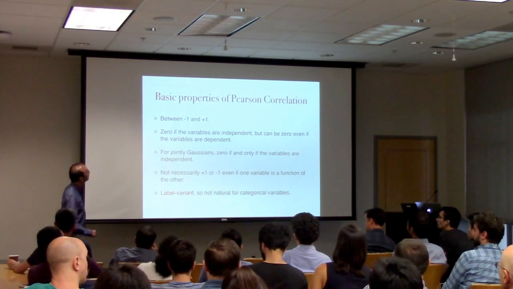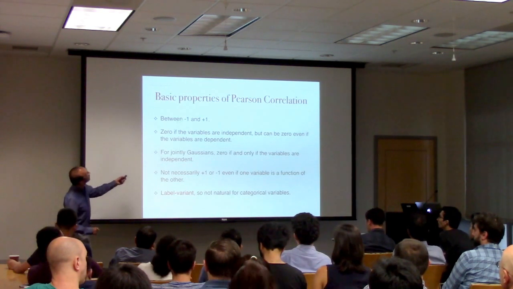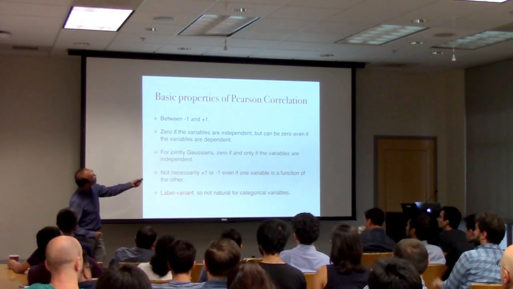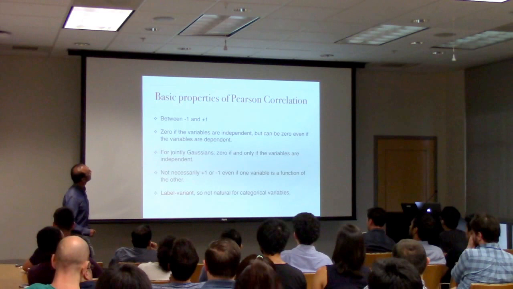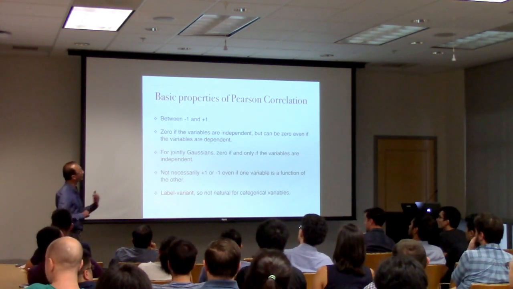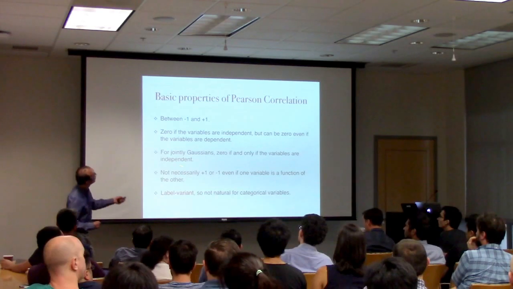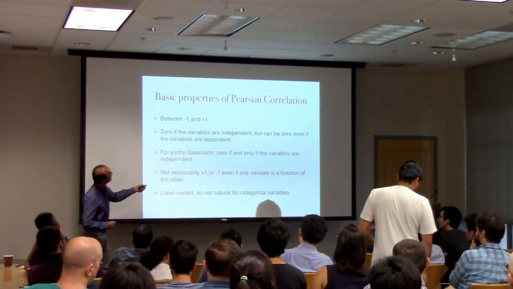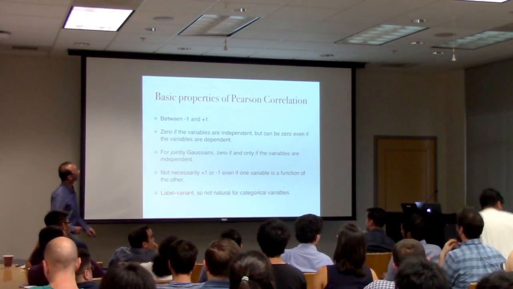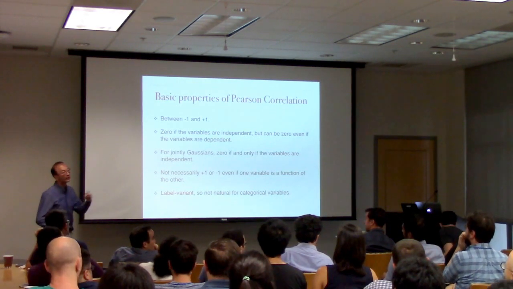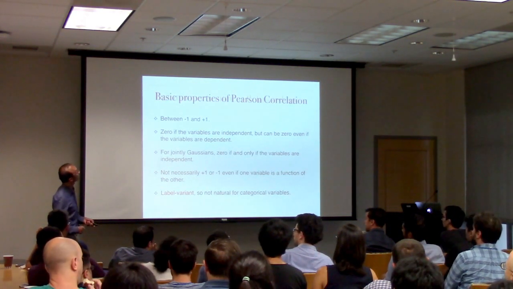So really what's happening here is that Pearson correlation is in some sense a measure of dependency under linear transformation. That's why for jointly Gaussian, zero correlation implies independence, because for jointly Gaussian, linear transformation is a natural transformation.